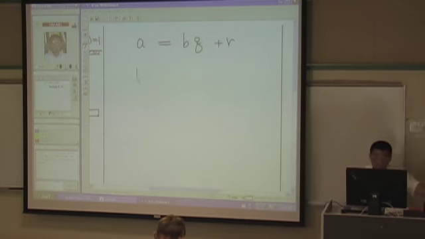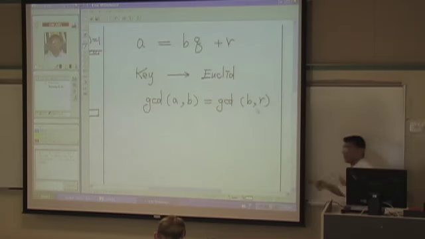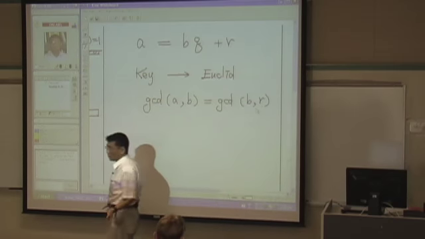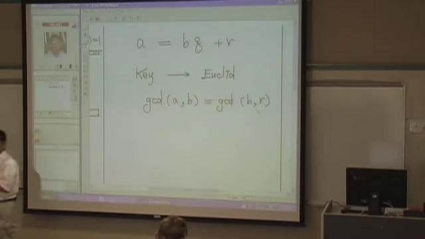The key leading to the Euclidean algorithm is this: GCD of A and B, the greatest common divisor of A and B, is equal to the greatest common divisor of B and R. If this is not true, then the Euclidean algorithm would not work, right? Do you follow me? Last time I showed you the technique. This time I proved this key part leading to the Euclidean algorithm.